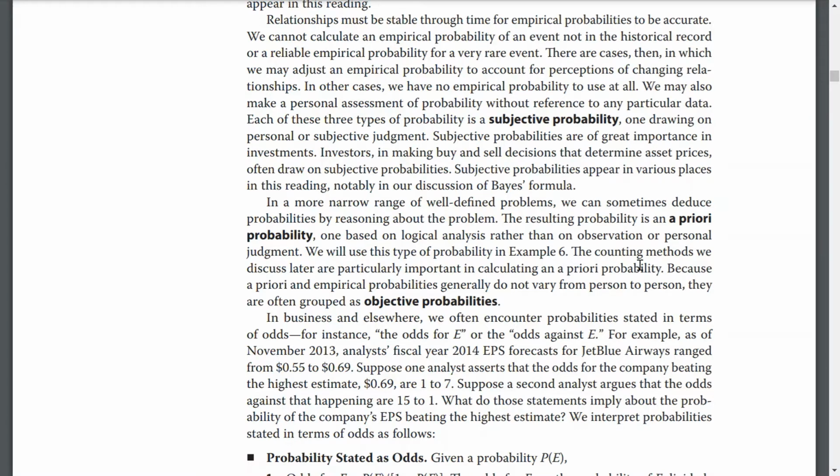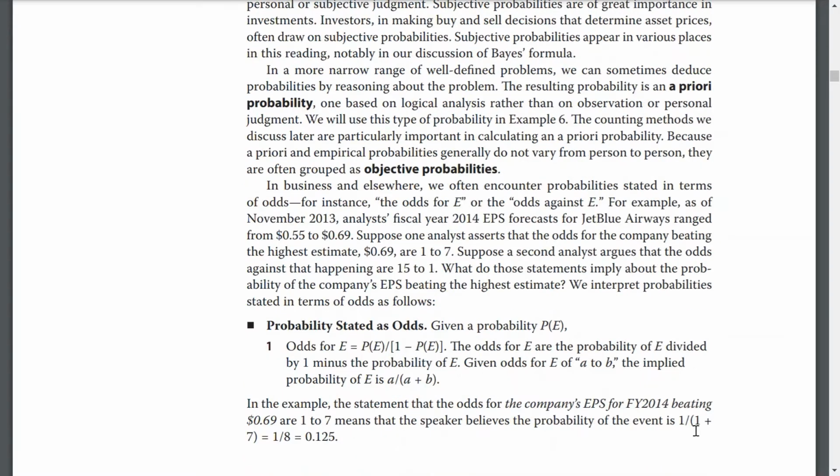In business and elsewhere, we often encounter probabilities stated in terms of odds, for instance the odds for E, or the odds against E. For example, as of November 2013, analyst fiscal year 2014 EPS forecasts for JetBlue Airways ranged from 0.55 to 0.69.